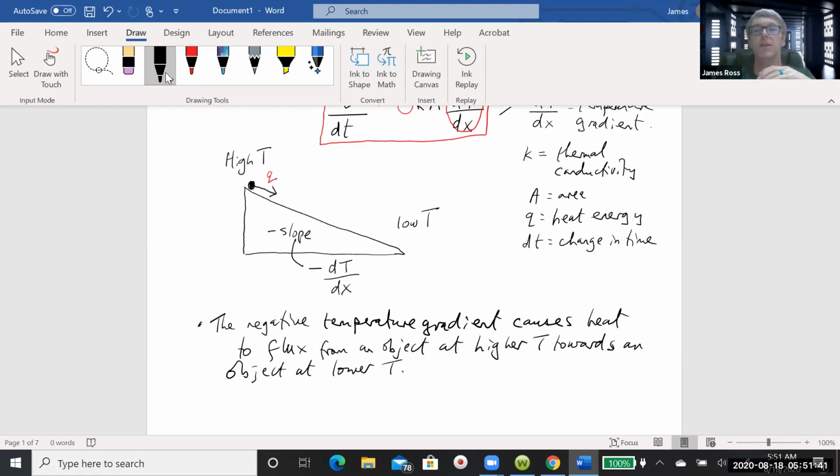So we've got this relationship. Initially we saw a relationship between temperature and the jiggling of molecules. Now we're seeing a relationship between temperature as a gradient that can cause energy to change. So there's another type of energy here, heat energy versus molecular motion energy in the first example.